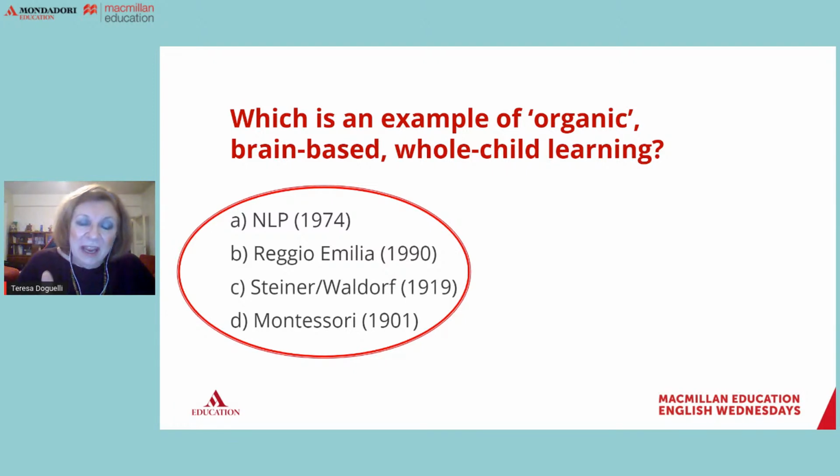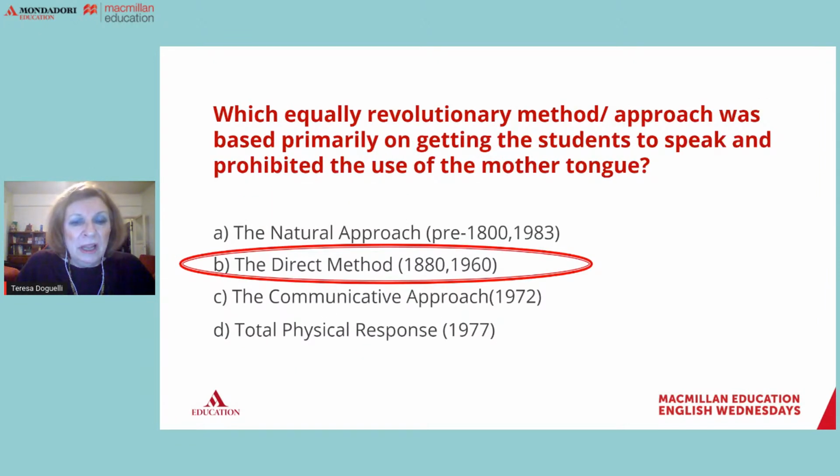So you can see only this particular section are newer, in that these are all 20th century. But as you saw here, many of us are using eclectic methods now. We're probably using total physical response and communicative approach, and maybe some direct method and some natural approach.